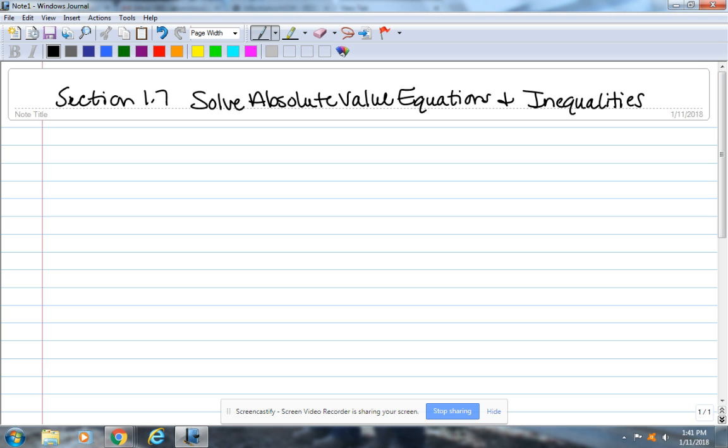So let's talk about what an absolute value is. An absolute value is a distance a number is from 0 on a number line.